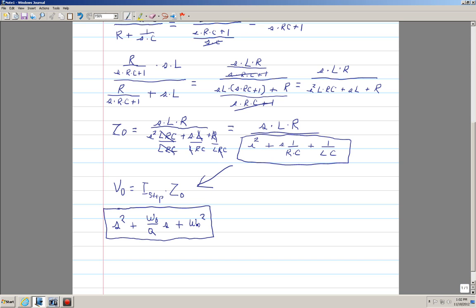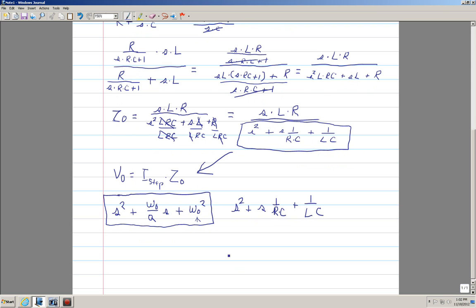And then this term here is your natural resonant frequency. So if I write the equation that you derived up on top: s squared plus s over RC plus 1 over LC. Okay, so we have that.